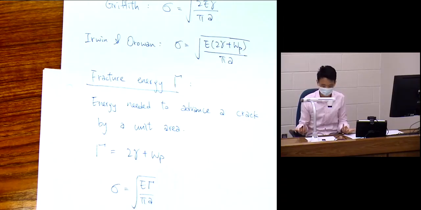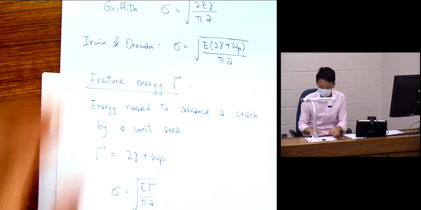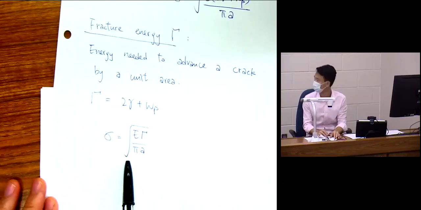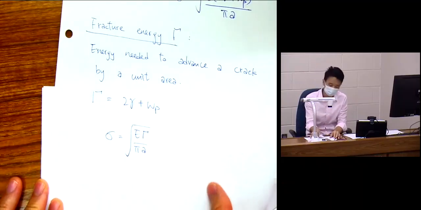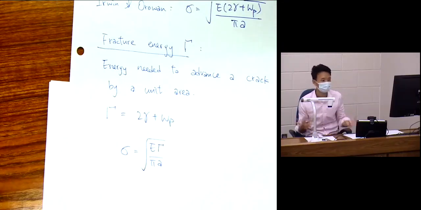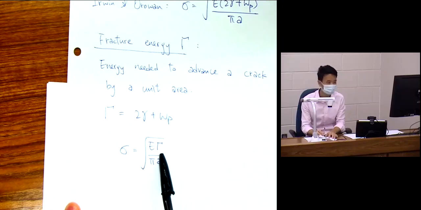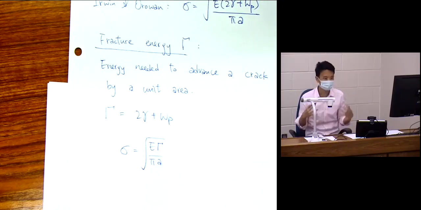Now for ductile, it's more than that. So we can slightly change our formula from Griffith to this form now, right? Just replacing all of that surface energy or plastic deformation, all encompassed in one term, which is the fracture energy.